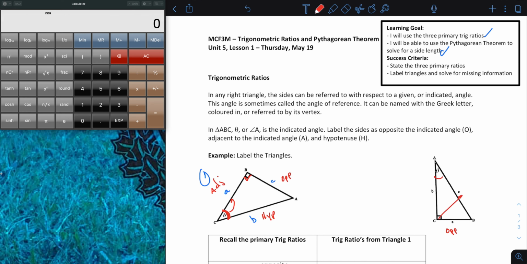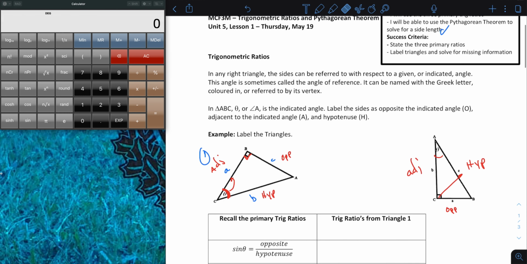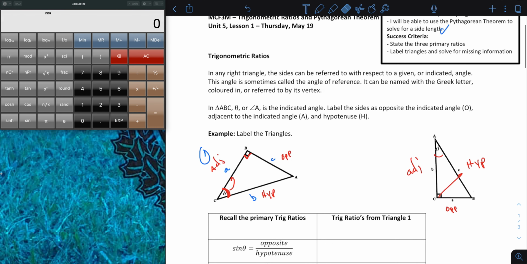It's right here, so this must be the hypotenuse. And by process of elimination, this must be adjacent. That's labeling the triangles, and that takes care of this part of the success criteria. Can you do this? This is important, because you're not going to get the right answers if you cannot label these triangles with the appropriate information.